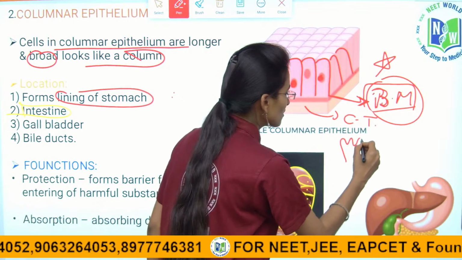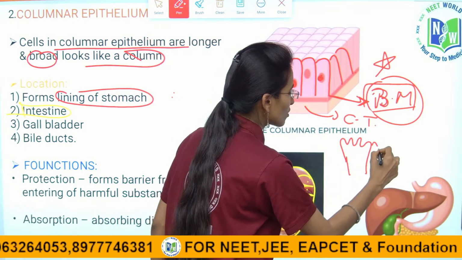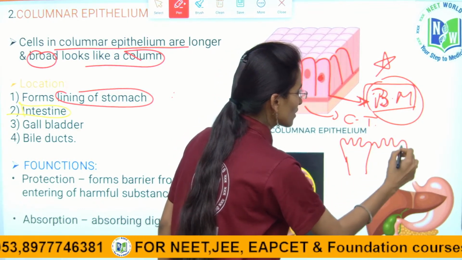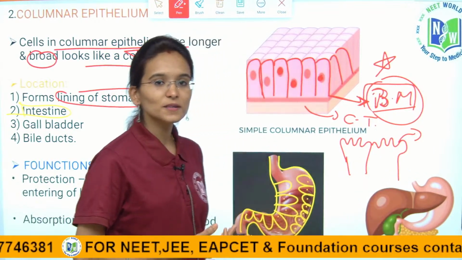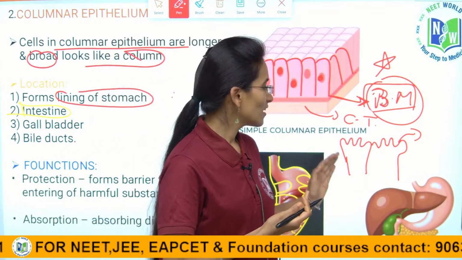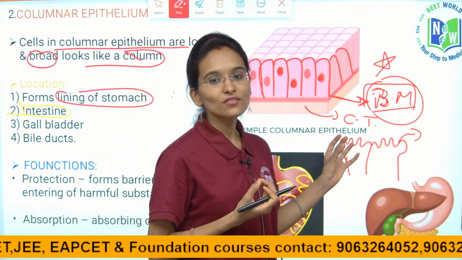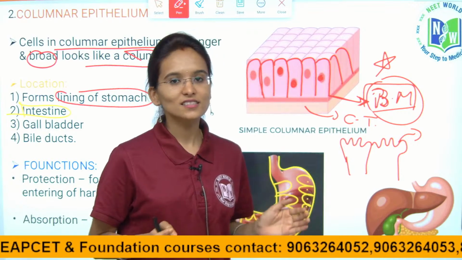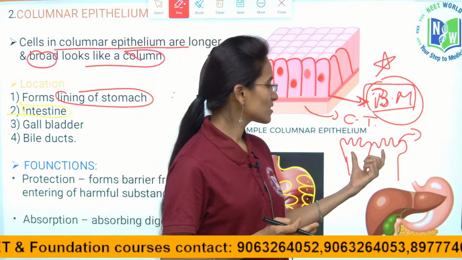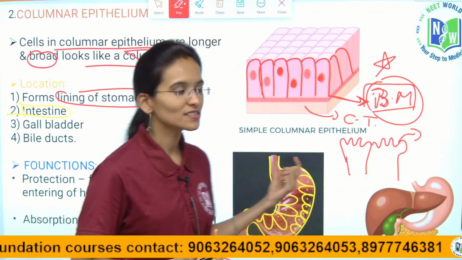Sometimes they are modified into finger-like projections called villi. Okay. So, what is the function of these finger-like projections? They increase the surface area during the process of digestion, and only in the intestines can we find this type.